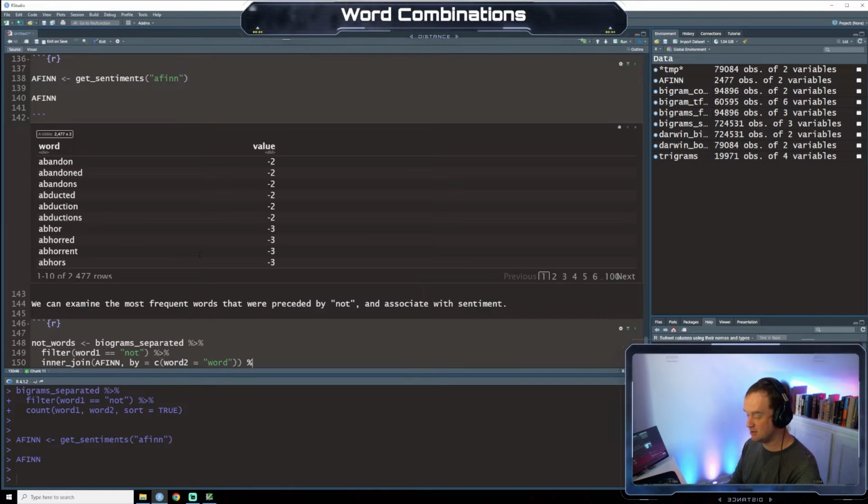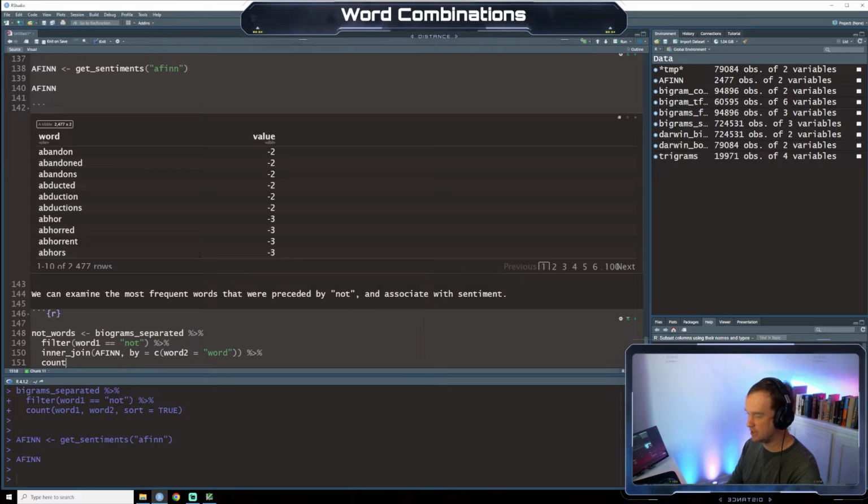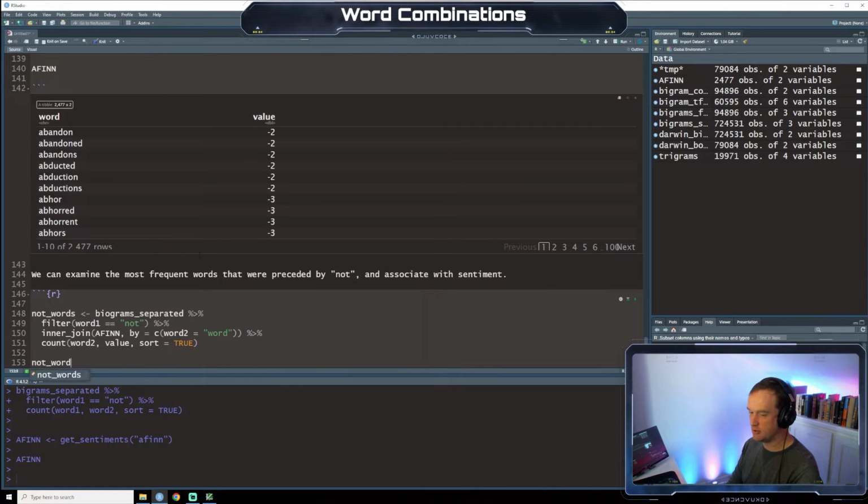That's a single equal sign because we're going to look for the column. Count word2, value, sort equals true, and then we'll print our not words.